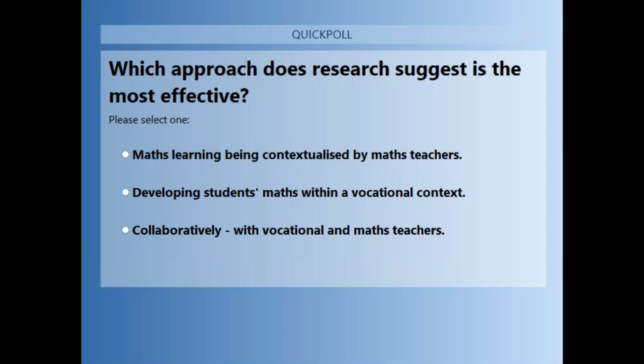So your options are maths learning being contextualised by maths teachers and being taught by maths teachers, developing the students' maths skills within the vocational context, or collaboratively with vocational and maths teachers working together. So choose which one you feel is the most appropriate and beneficial to students out of those 3 choices.